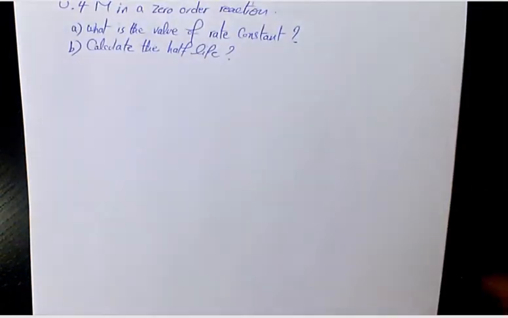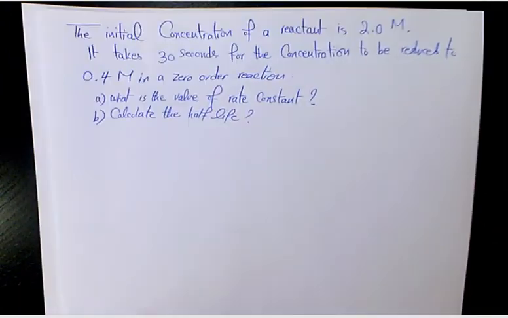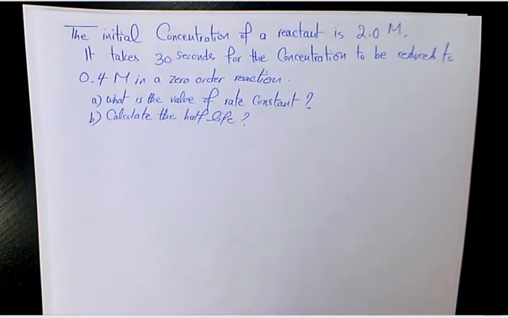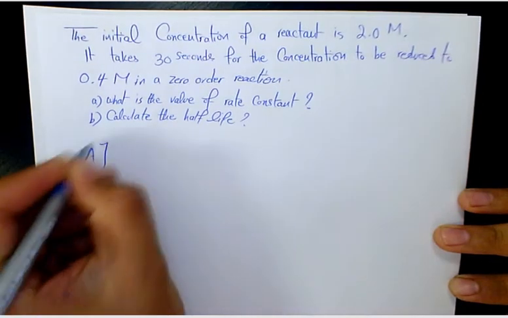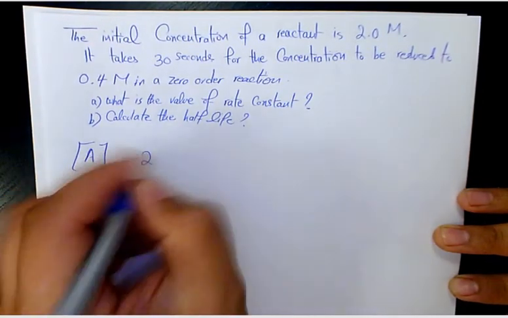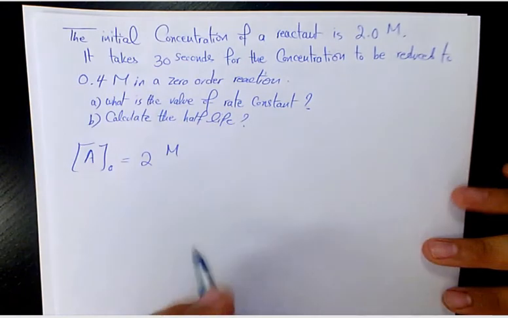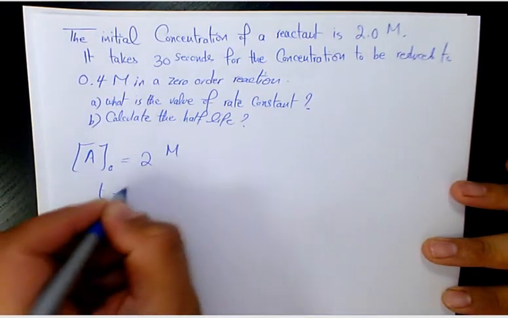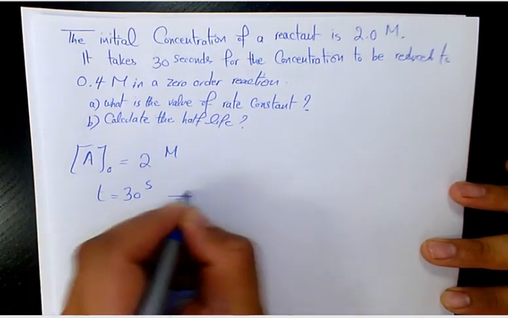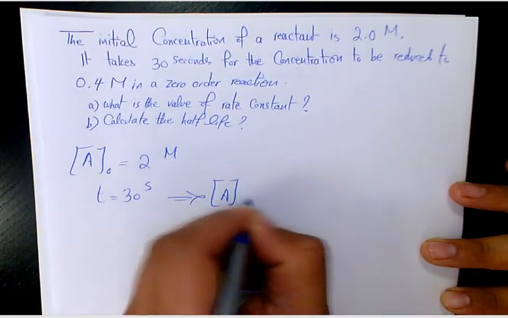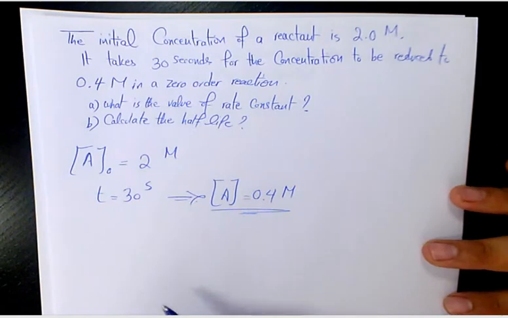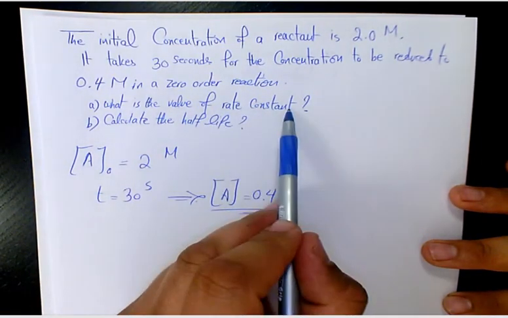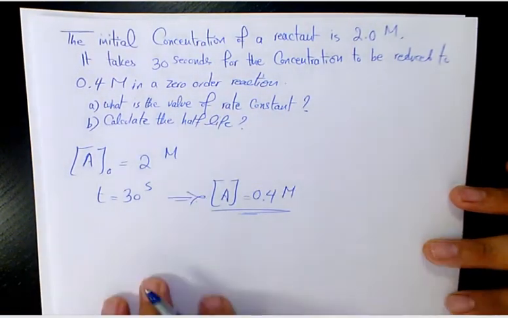Let's see another example. Okay, in this example, it says the initial concentration of a reactant is 2 molar. It takes 30 seconds for the reactant to be reduced to 0.4 molar in a zero order reaction. What is the value of the rate constant, and calculate the half-life?